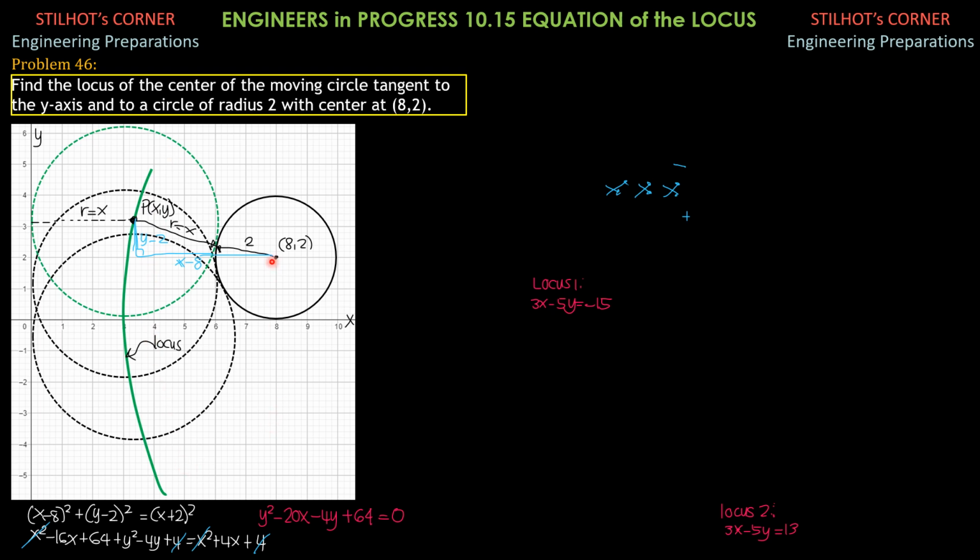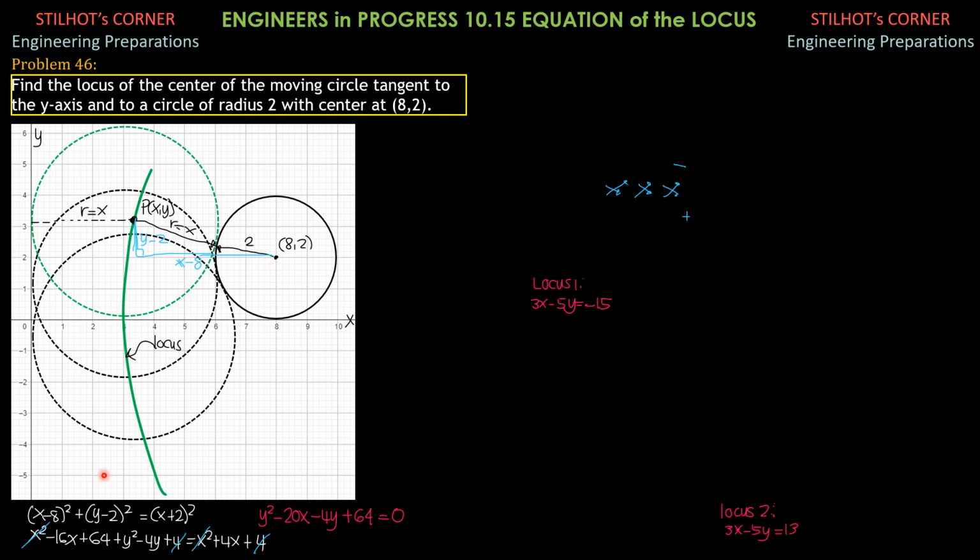By Pythagoras theorem, the vertical leg of this imaginary right triangle is y minus 2, upper y minus lower y, and the horizontal distance is x minus 8 or 8 minus x, it doesn't matter. So the hypotenuse is x plus 2.